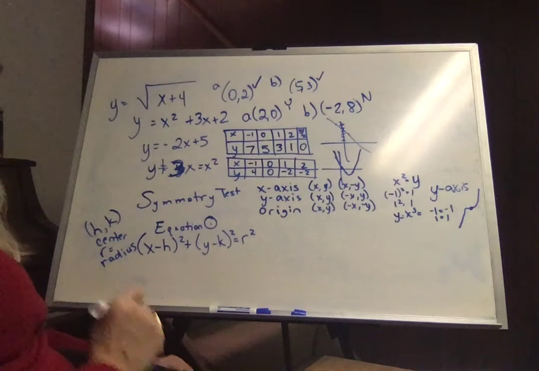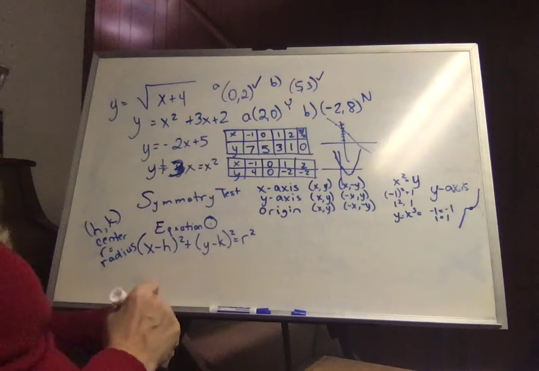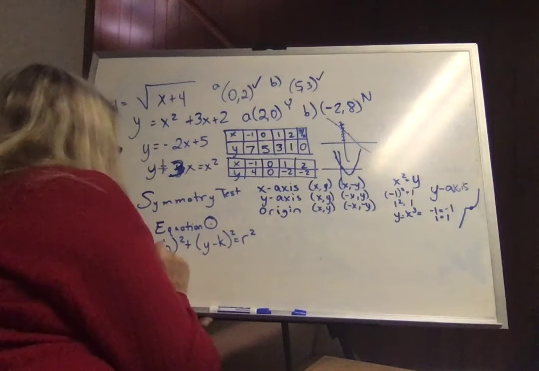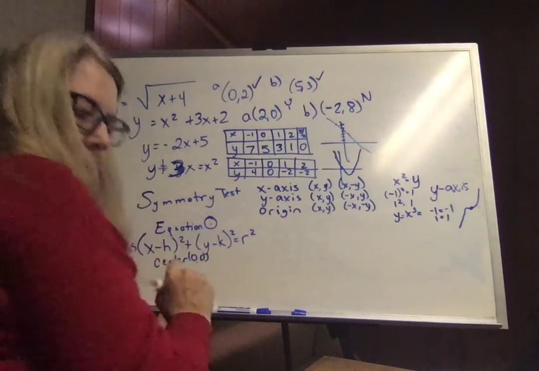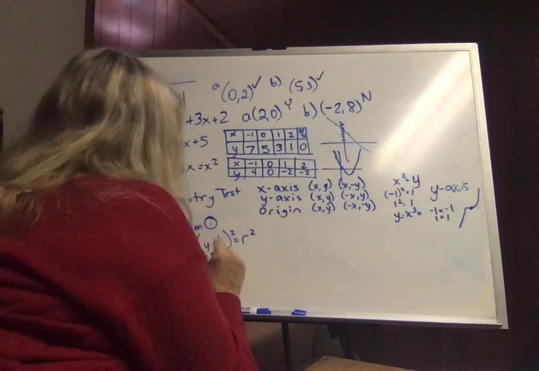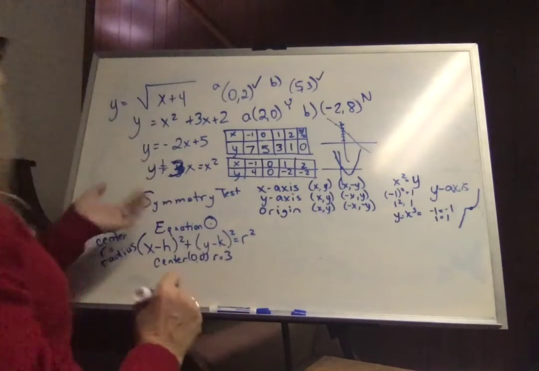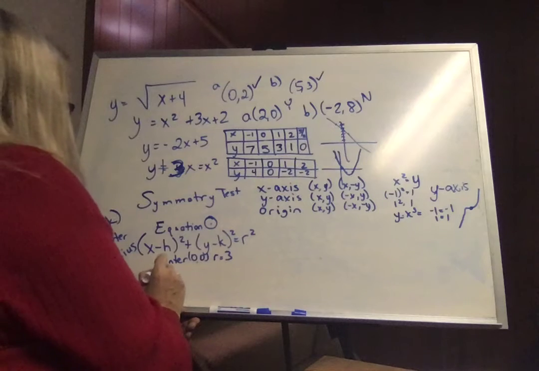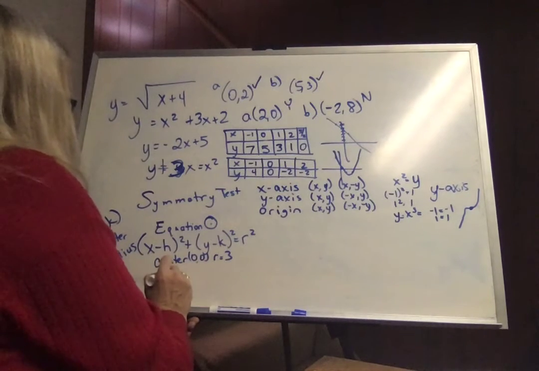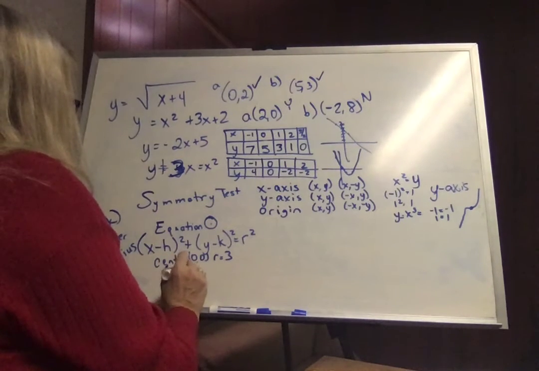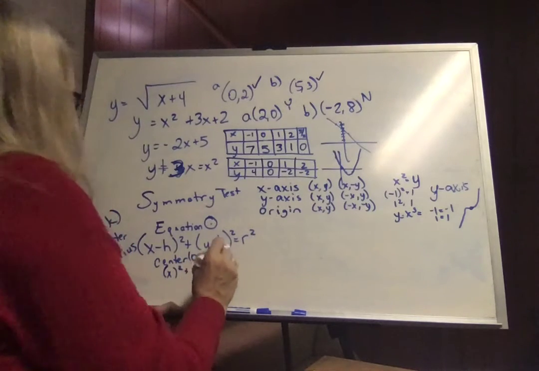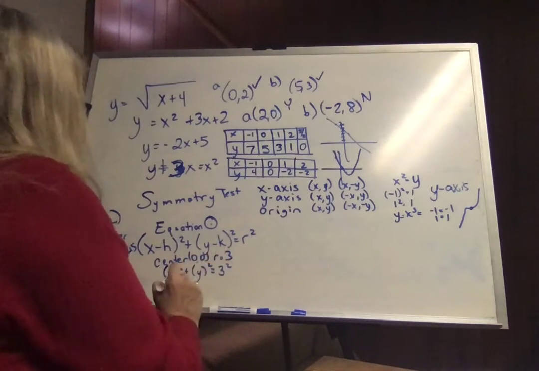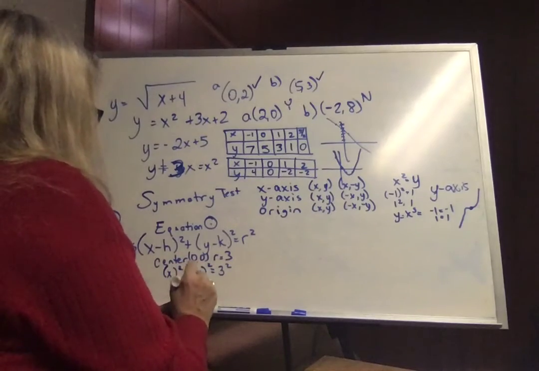So the first type, they'll give us something, and then you figure it out. For example, the center is (0, 0) and the radius is 3. Write an equation. Well, (x minus 0) squared plus (y minus 0) squared equals 3 squared, or x squared plus y squared equals 9.